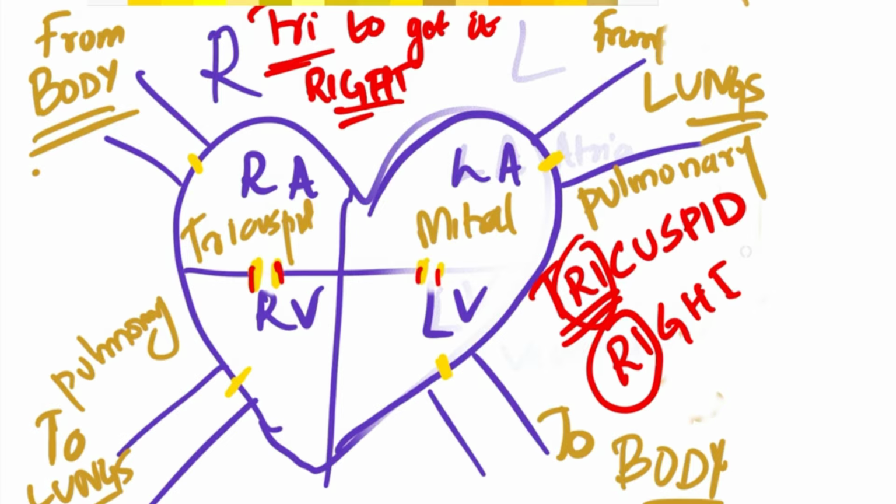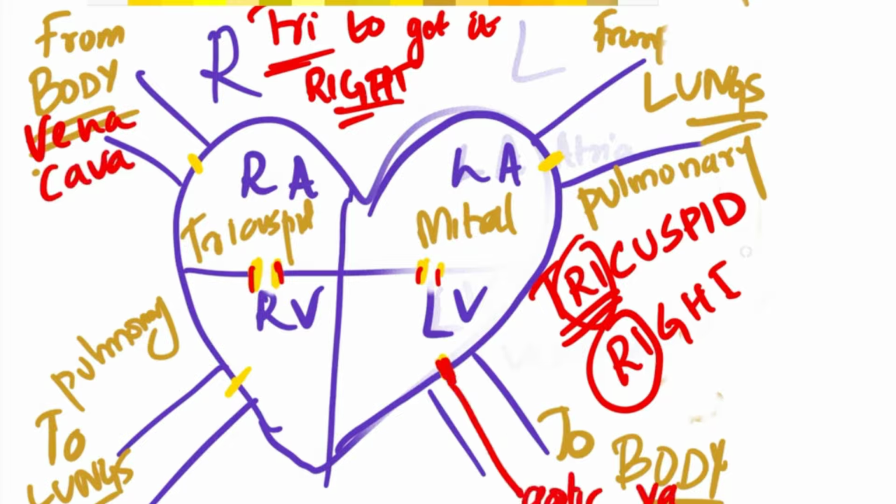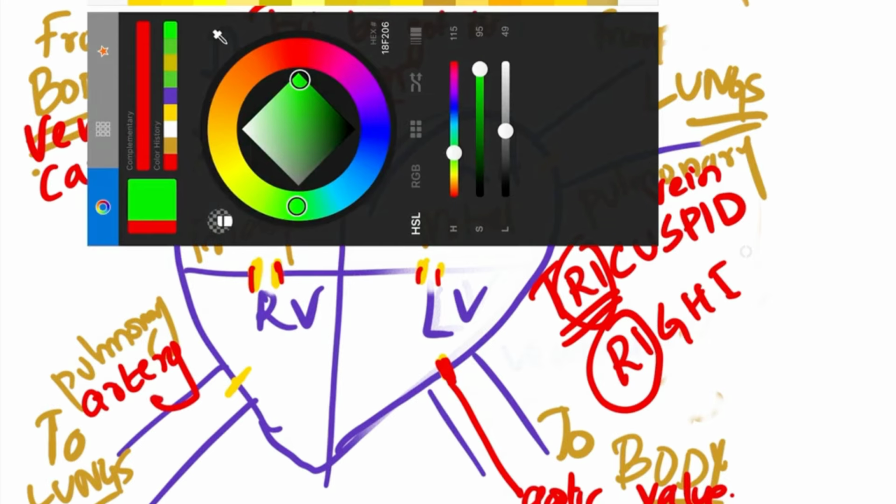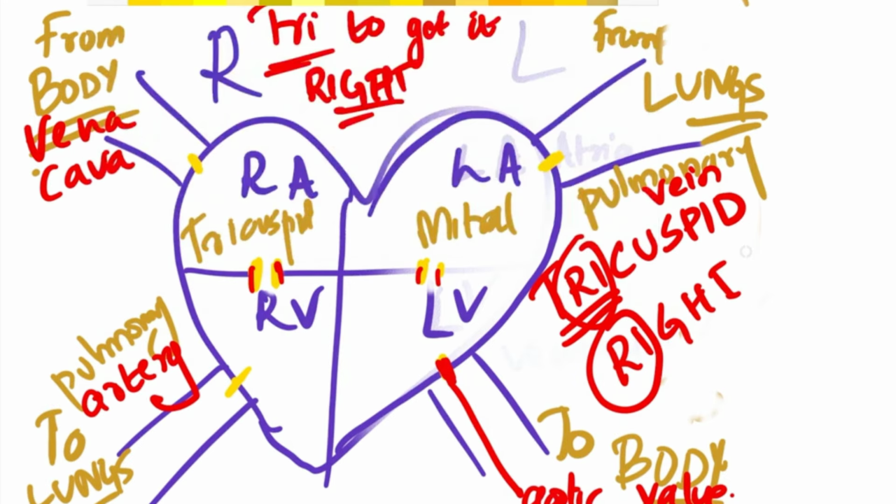Now we need to give names for the doors. So this from body is from Vena Cava. And opposite to that, to body, the valve here is aortic. Aortic valve. We've already written from lungs pulmonary, but what? It's pulmonary vein. And this one is pulmonary artery. So we just drew the whole thing, and if you have this picture, you can answer any basic questions that they ask.